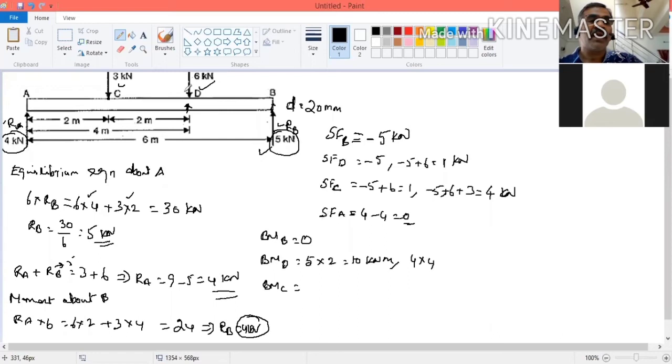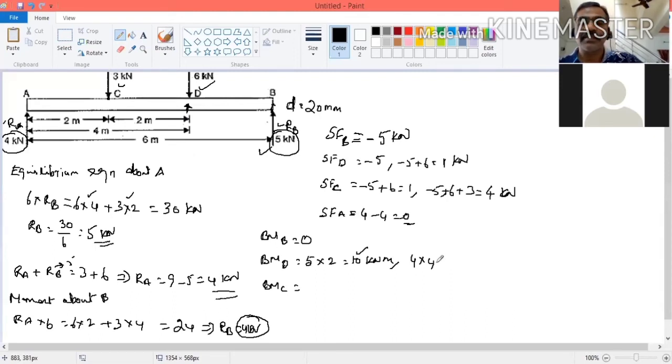I'm taking moment about D, left side of the beam instead of right side. Right side we have already calculated. Instead of right side, we are taking left side. Right side counterclockwise is positive, left side clockwise is positive. That is the sign we have taken. So 4 into this distance, which is 4. Then the 3 is minus, because on the left side it is creating a clockwise moment.